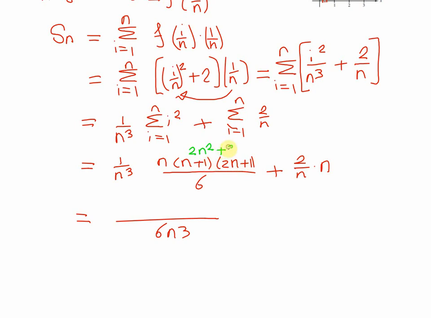We have 3n. And the last is 1. This green part is instead of these two brackets. So don't forget that we should multiply it by n again. The result is going to be 2n cubed plus 3n squared plus n. It is 1 times n.